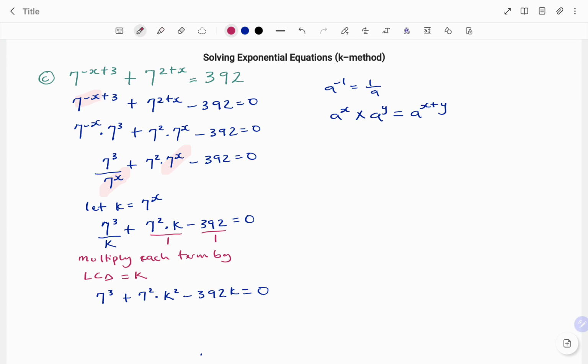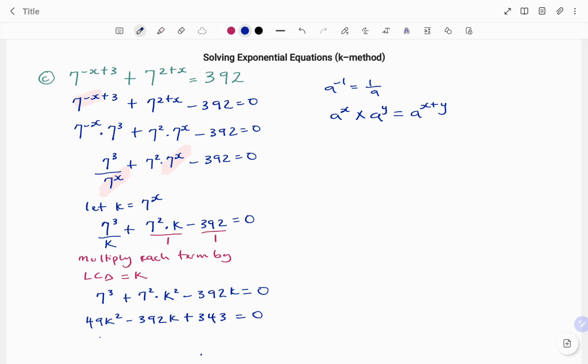If I simplify and collect like terms, I have 49k squared minus 392k plus 343 equals 0. To make my equation easier, I can see that each of the terms is a multiple of 49, so I'm going to divide through by 49.